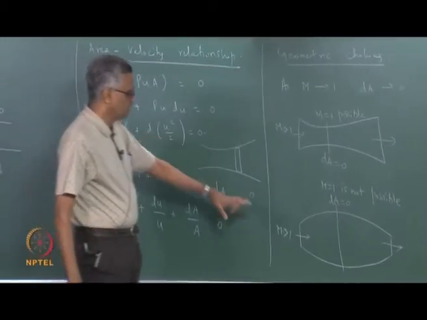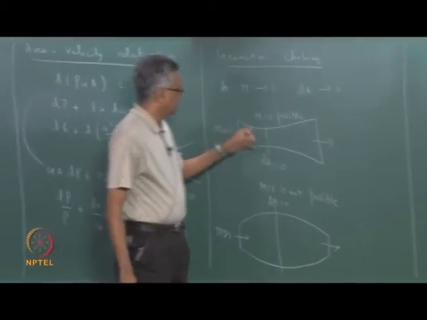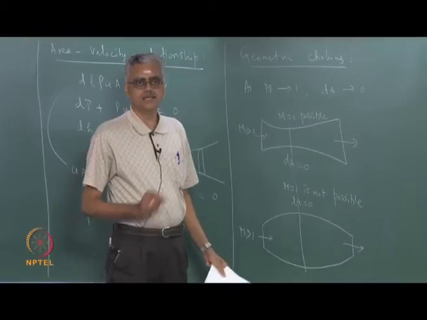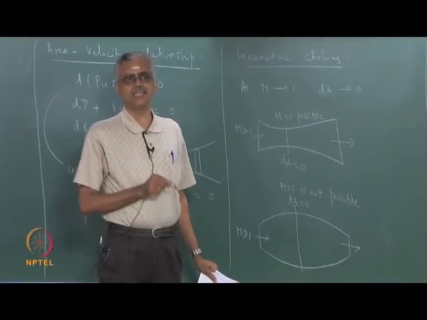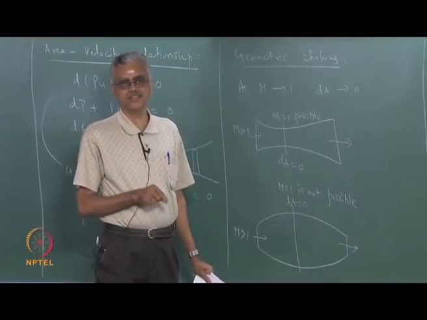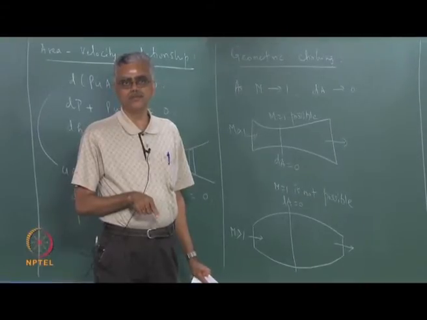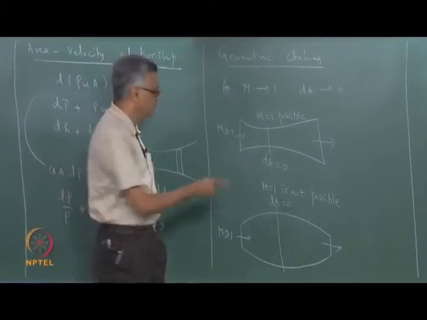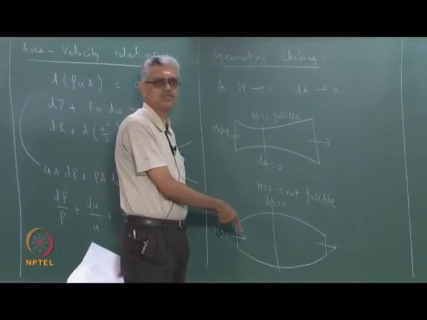So what this tries to tell me is that if M equal to 1 occurs, it is not sufficient to have dA equal to 0. It must also be a point of minimum cross sectional area. dA can be 0 for minimum as well as maximum cross sectional area.